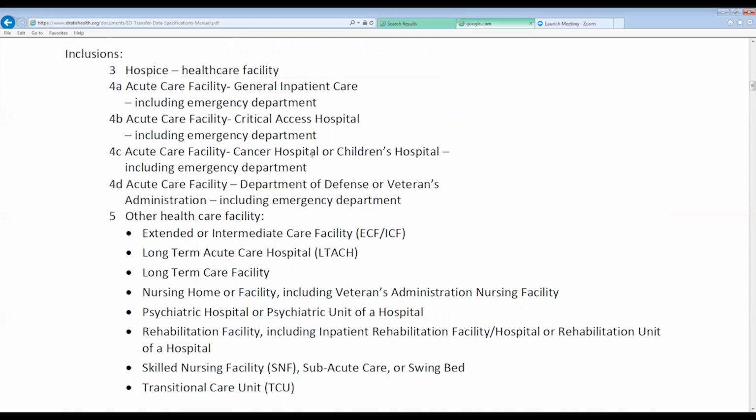Sometimes even for people who are admitted to your facility, maybe you do discharge them and then admit them. It's kind of maybe a billing thing. But anybody who's seen in your ED and then is admitted to your facility would not be included. We're talking about facilities other than yours, acute care facility, okay? So you wouldn't want to include patients that are seen in your ED and then you admit to your acute care facility.